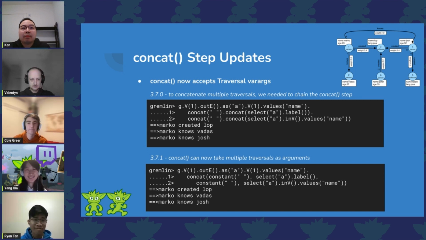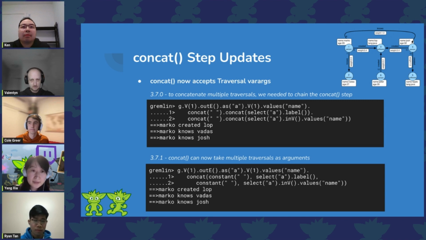Okay, thank you, Ko. So thanks for everyone who tried our new concat features in 3.7.0. We've got great feedback. And one of the major feedback we had was the fact that in 3.7.0 concat, there's an imbalance between concat being able to take string varargs versus traversal.